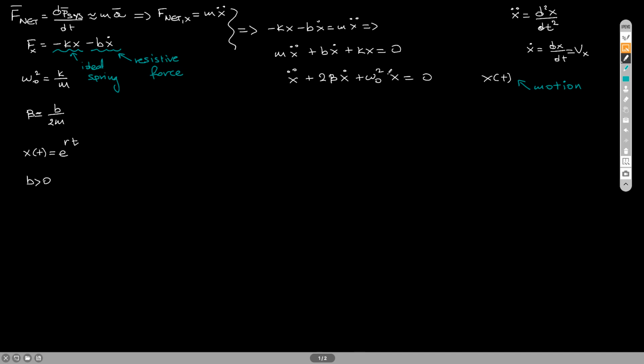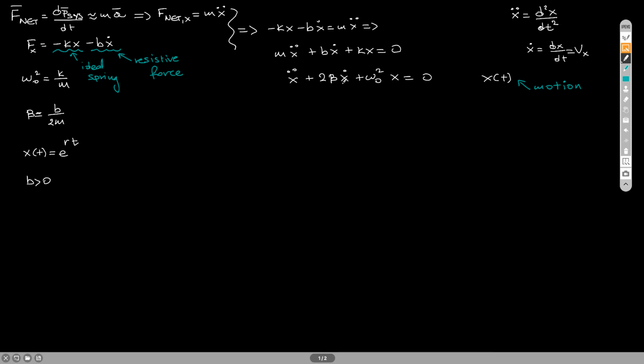Now, this is a second order differential equation. And you know from differential equations, if you can find, even by chance, you guess a function, and it turns out to be a solution to your differential equation, then you found it and you can use it.